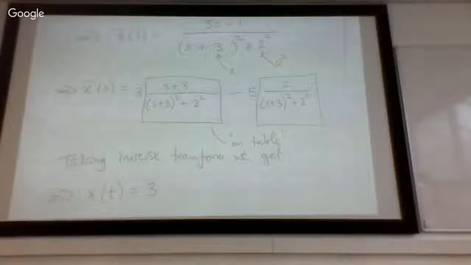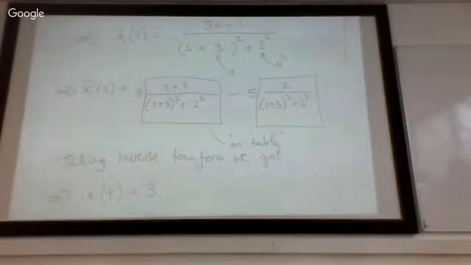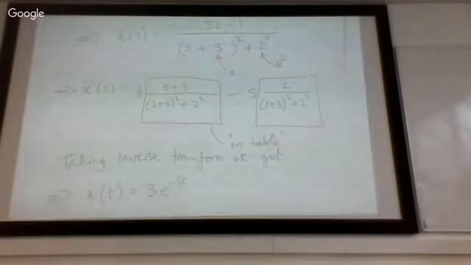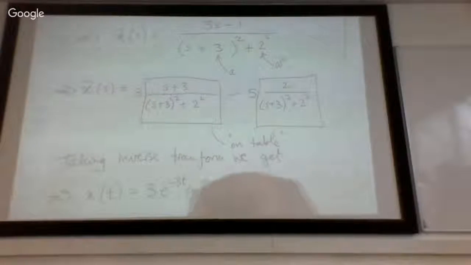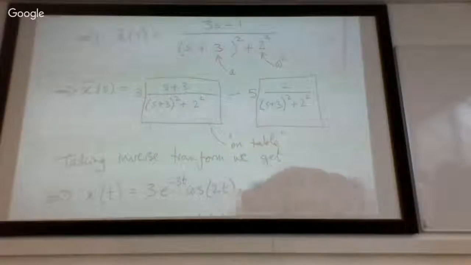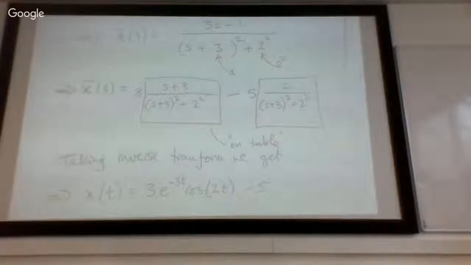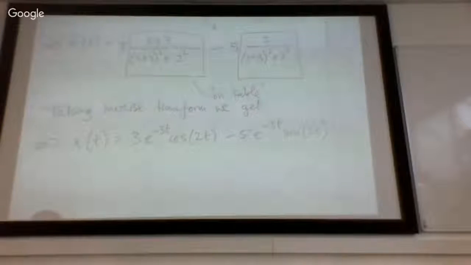So that's e to the minus 3t times cosine of omega t. So cosine of 2t. And then this one is minus 5 times e to the minus 3t again times sine of 2t. So that's our function x of t there.